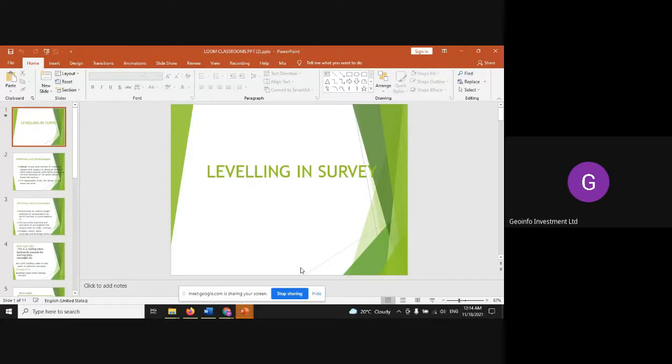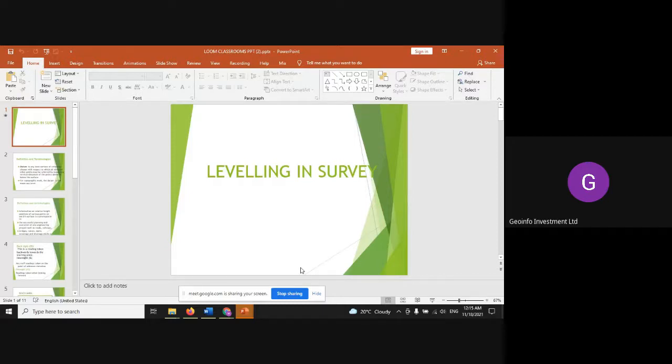The first one is the rise and fall method, and the second is the height of collimation. So basically, that is our preview of our last lesson. So today we want to see the procedures of leveling, or basically leveling in survey.